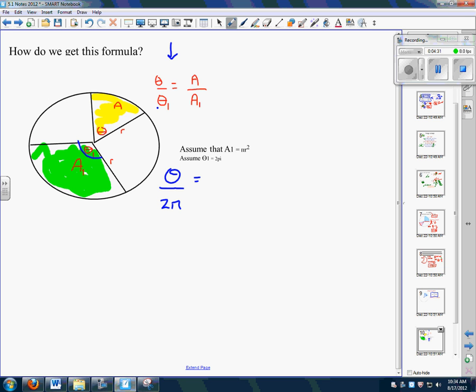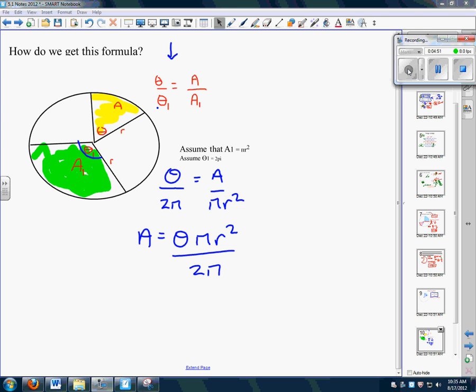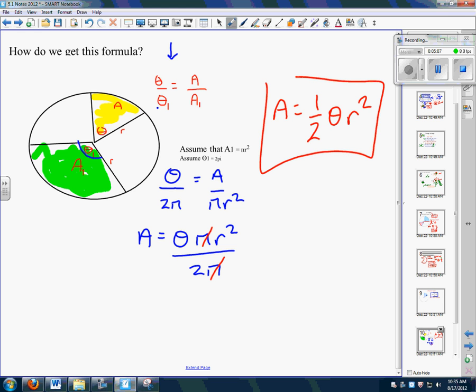That's not what the picture's showing, but if we assume that theta 1 is the entire circle, that means the area is pi r squared, area of a circle. So therefore, all we got to do to solve for area now, we do this, you see the pi's will cancel, and we get 1/2 theta times radius squared.